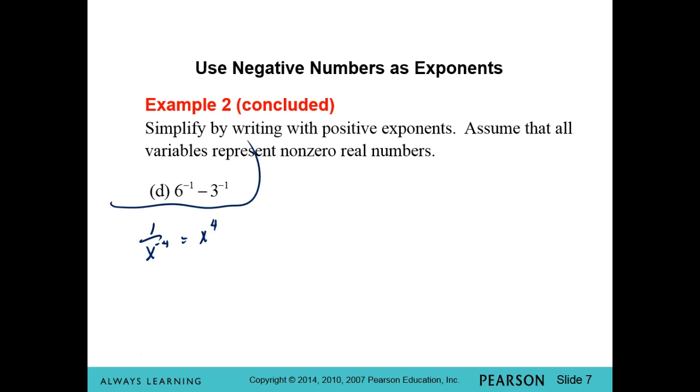Let's do I. I is, well, I don't know why I wrote that down, x cubed times y to the minus 4th. What would that be?